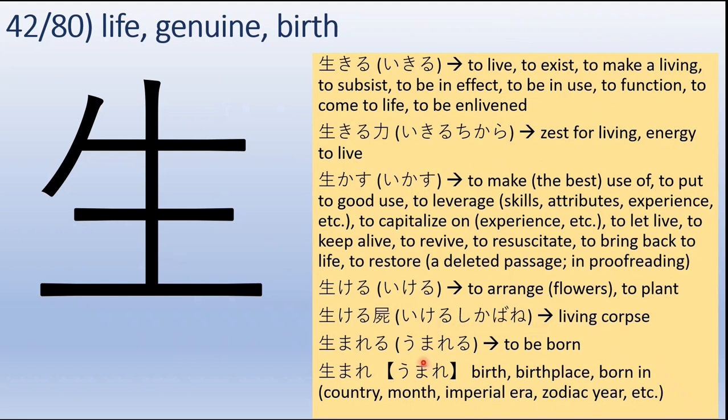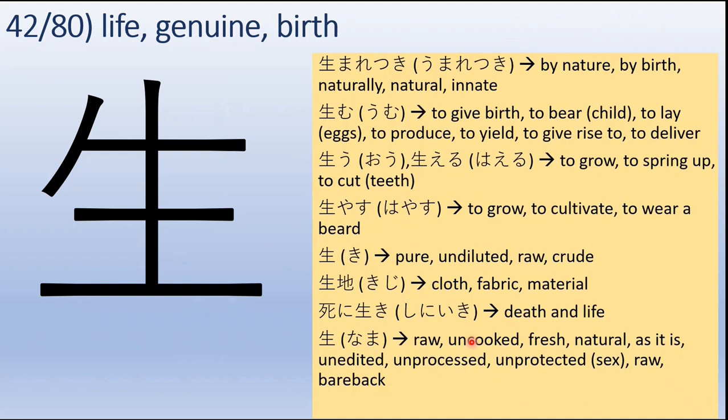Then we have umareru. Umareru means to be born. And then we have umare, which means birth or birthplace, born in, for example, country, month, imperial era, zodiac year, and so on. So that is the place and date and time of birth. Some more usage.